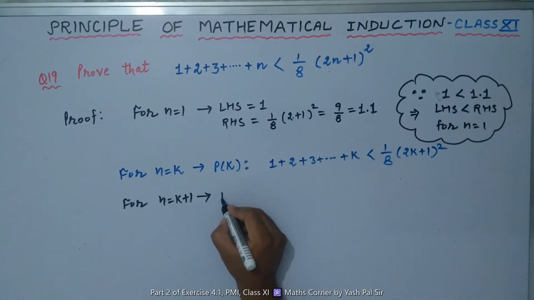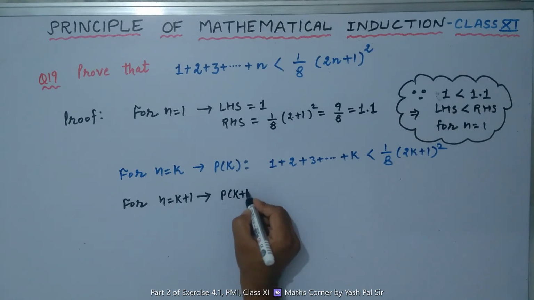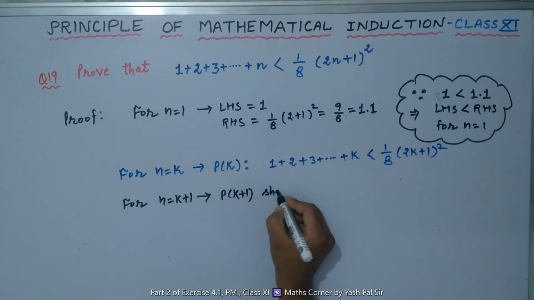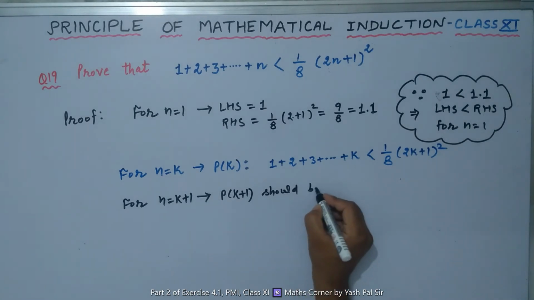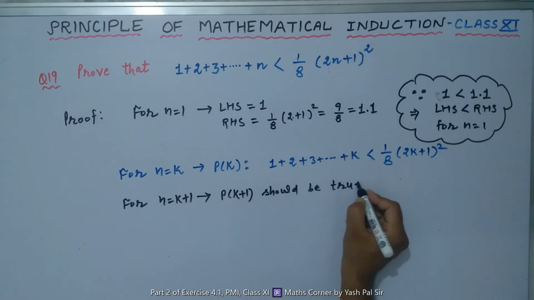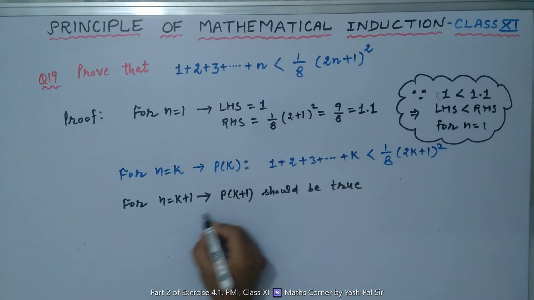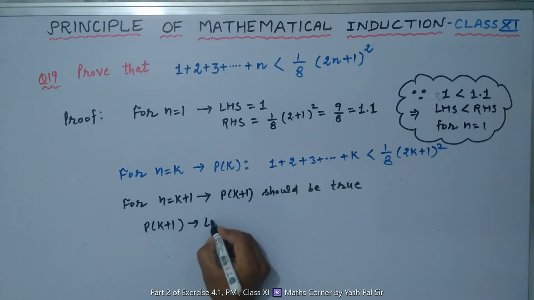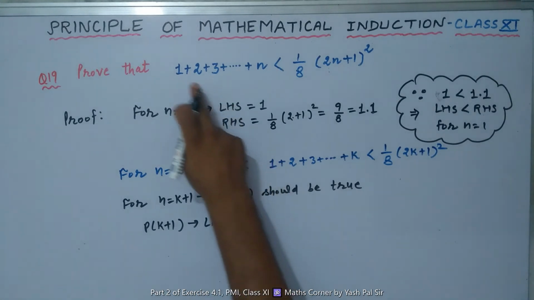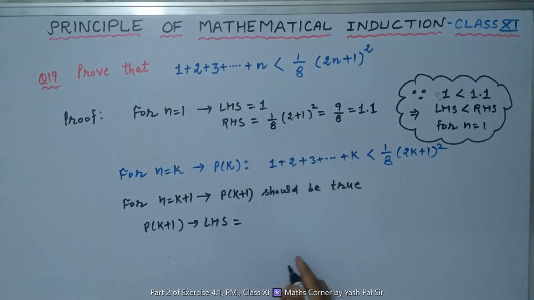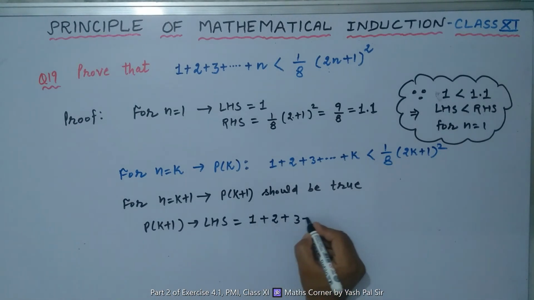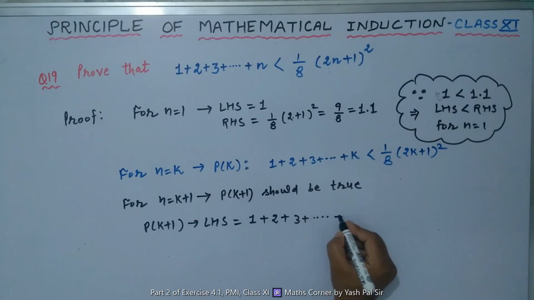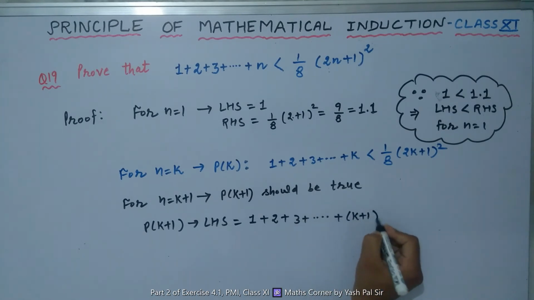So p of k plus 1 should be true whenever this is true for n is equal to k. So p of k plus 1 left hand side is equal to, we put n is equal to k plus 1, 1 plus 2 plus 3 plus so on. Last step is k plus 1.